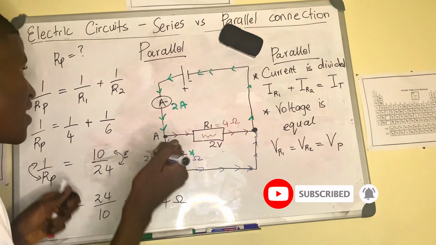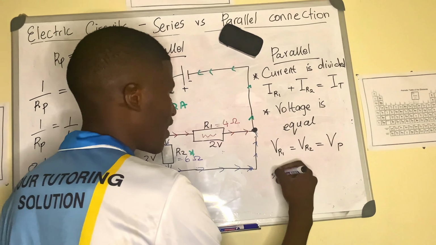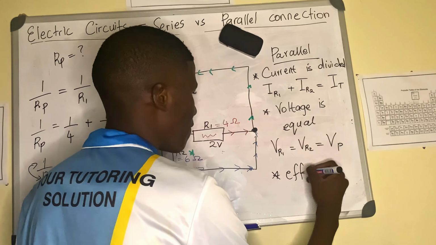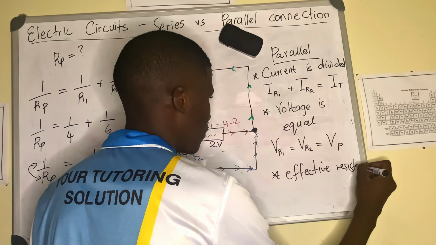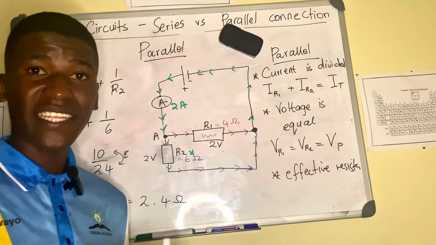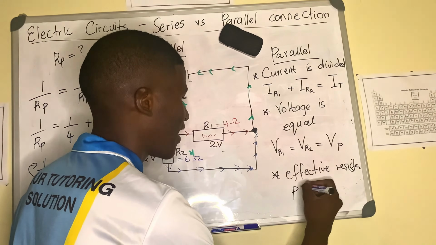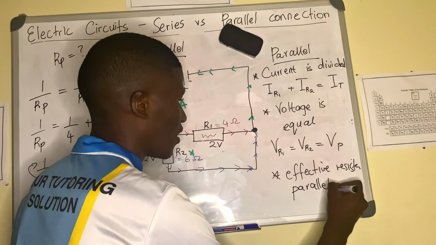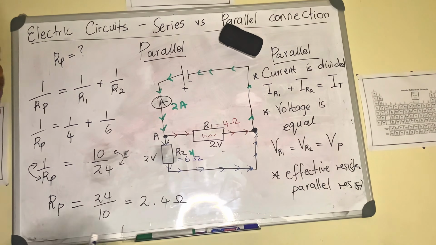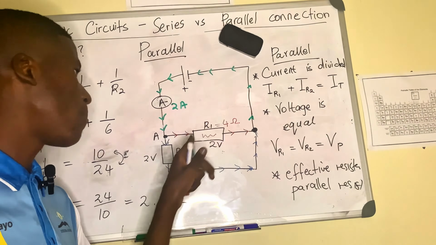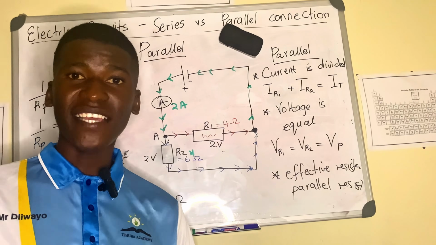They can say it's the parallel resistance, or they can say it is the effective resistance. If they say the effective resistance or the parallel resistance, that's how you calculate it. You use this formula. You don't just add 4 plus 6 and say you get 10 ohms as your total.